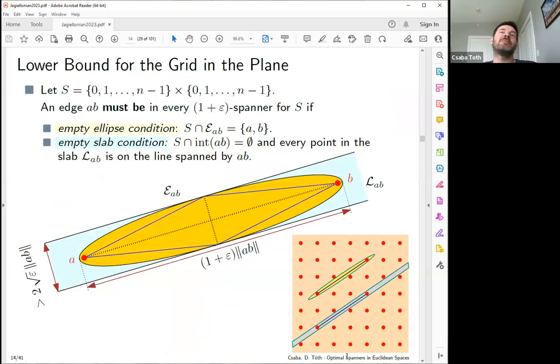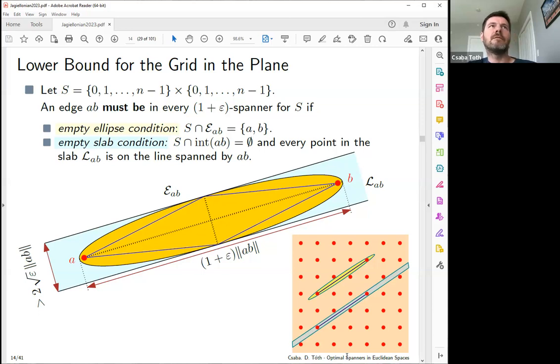To get some intuition, when we talk about the lower bound for the grid, the lower bound I have is very weak. I can prove that some edges are must-have edges, meaning every 1 plus epsilon spanner on the grid must contain these edges, and I give a lower bound for the weight of these edges.